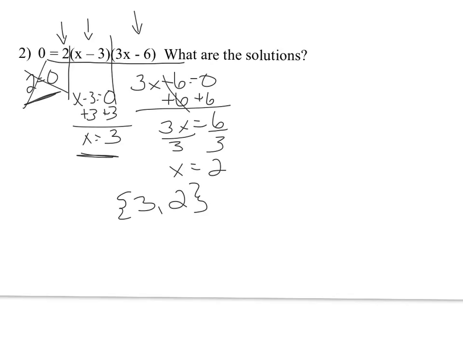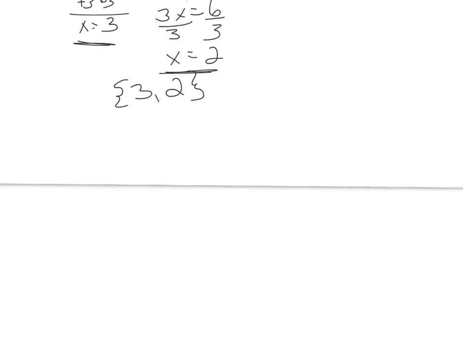As long as you have x equals 3, x equals 2, you have solutions to the equation. So if you plugged 3 into that equation, you get 0, and also if you plugged 2 into this equation, you would get 0. So that's just saying there are 2 solutions to this equation. Awesome. Alrighty, next page.